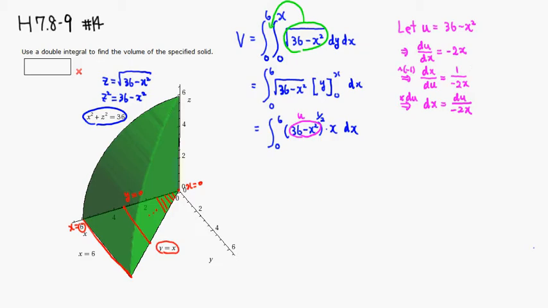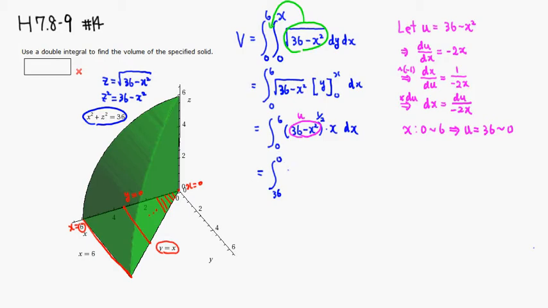Since x goes from 0 to 6, u goes from 36 minus 0, which is 36, to 36 minus 6 squared, which is 0. So we're going from 36 to 0.